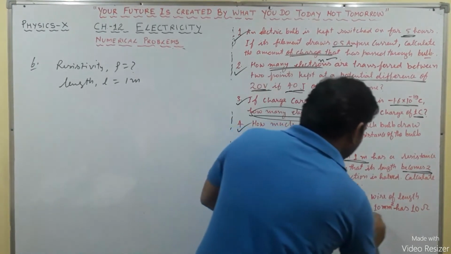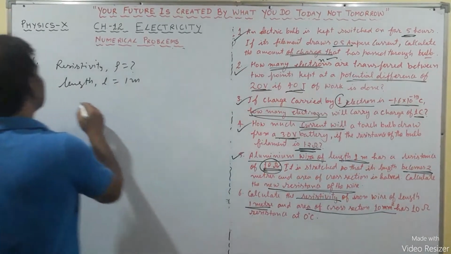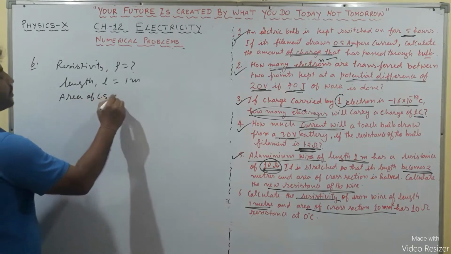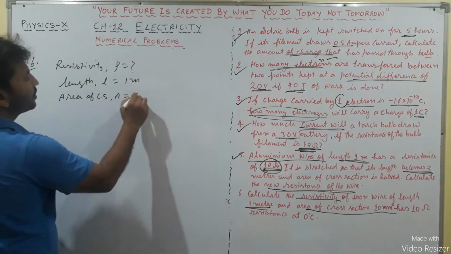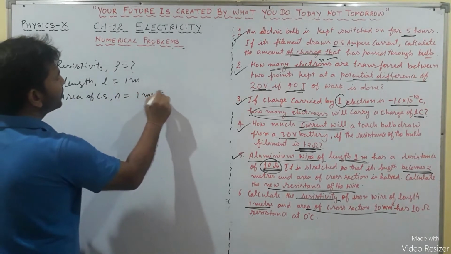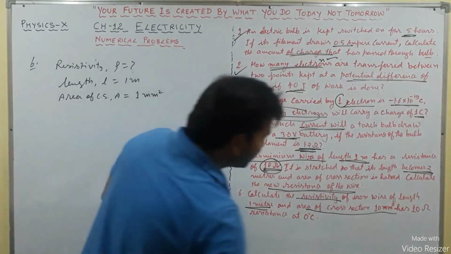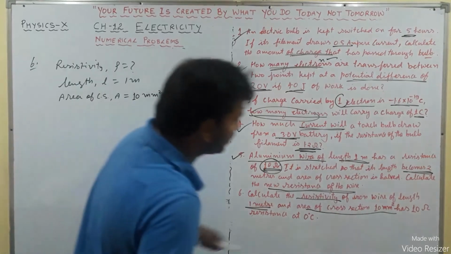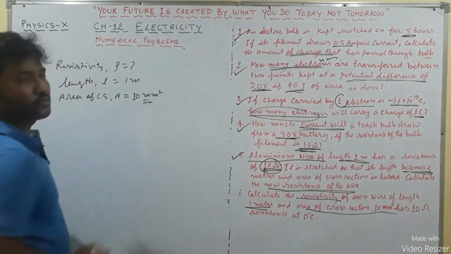And the area of cross section of the wire is 1 millimeter square. It is not 1, it is 10 millimeter square. We need to convert this into the SI unit.